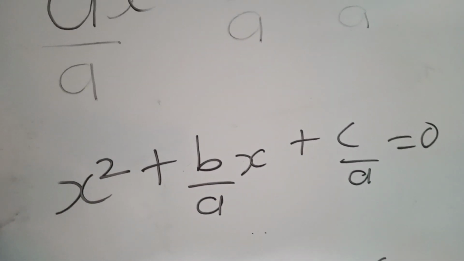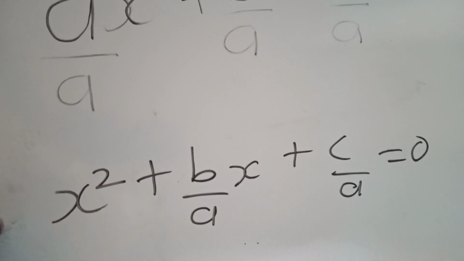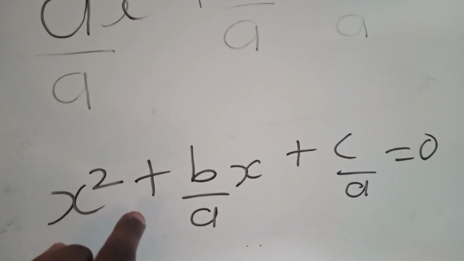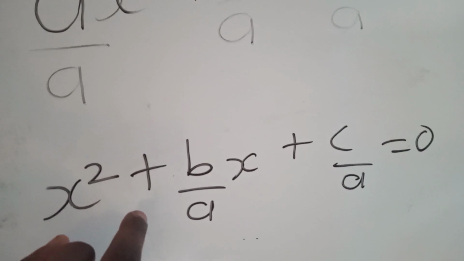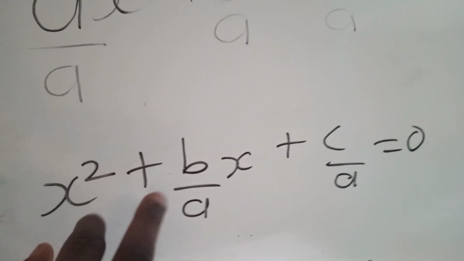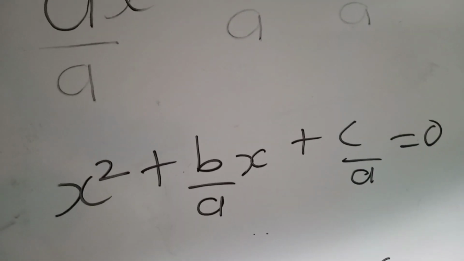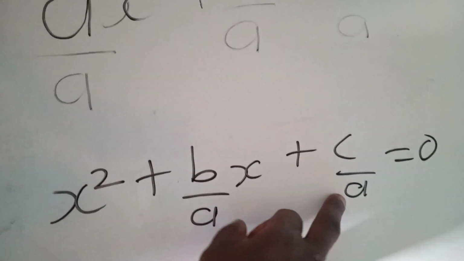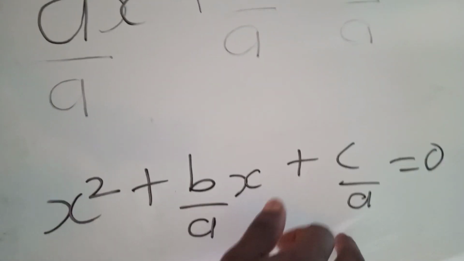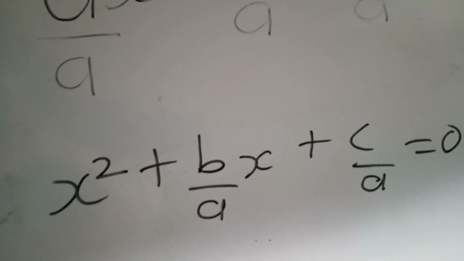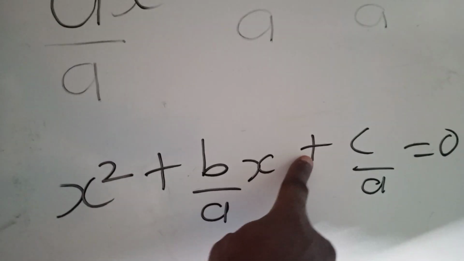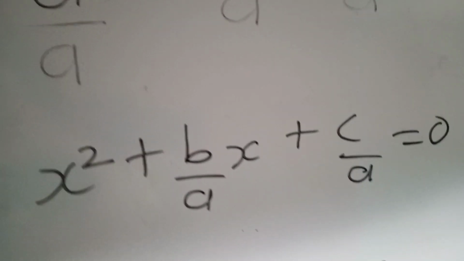Now after having this here, we will let the element without x move to the other side of the equation. So we will move this c over a to the other side of the equation. It is positive here, and remember, it becomes negative there.